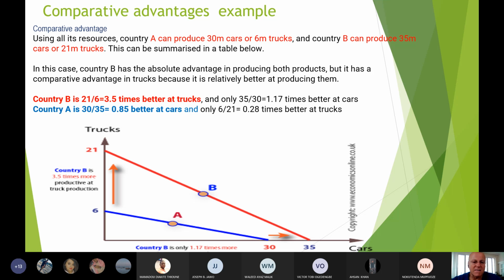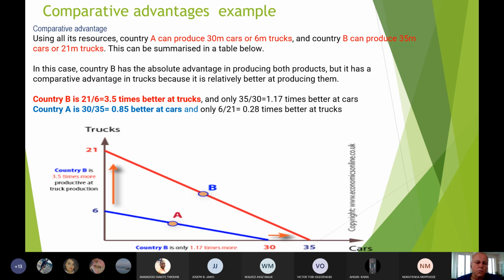This can be summarized as given in the table. In this case, country B has the absolute advantage in producing both products, but it has the comparative advantage in trucks because it is relatively better at producing them.